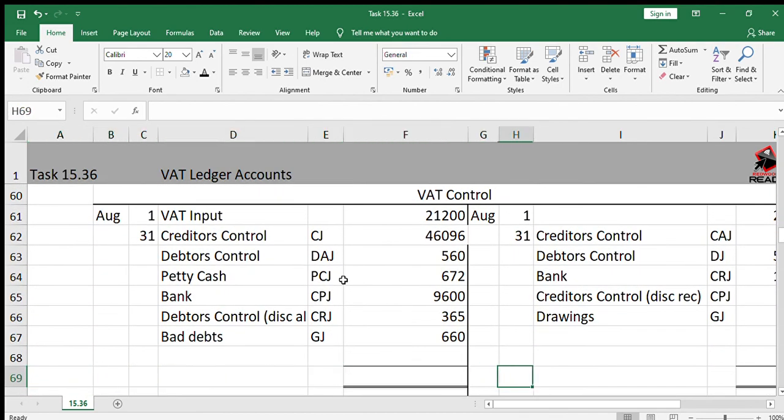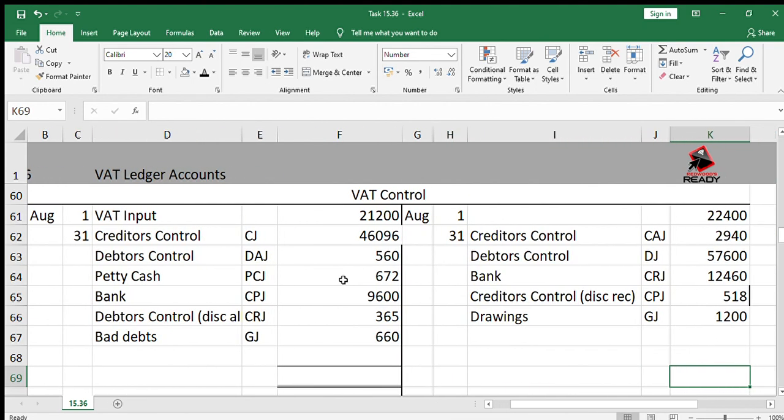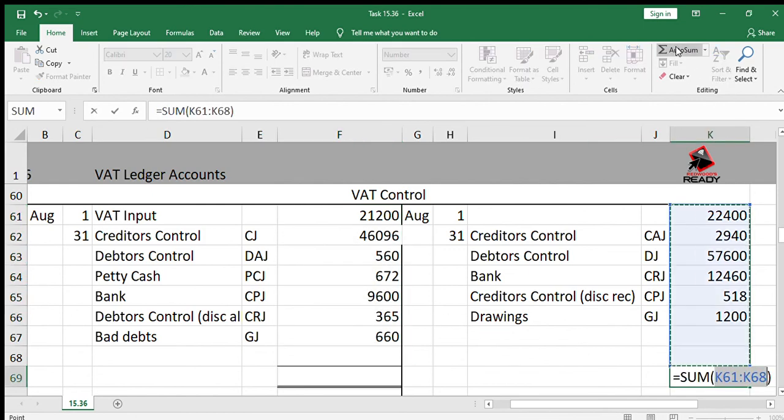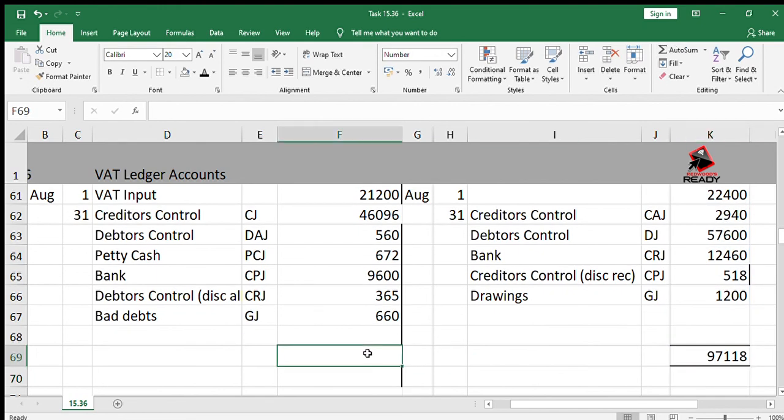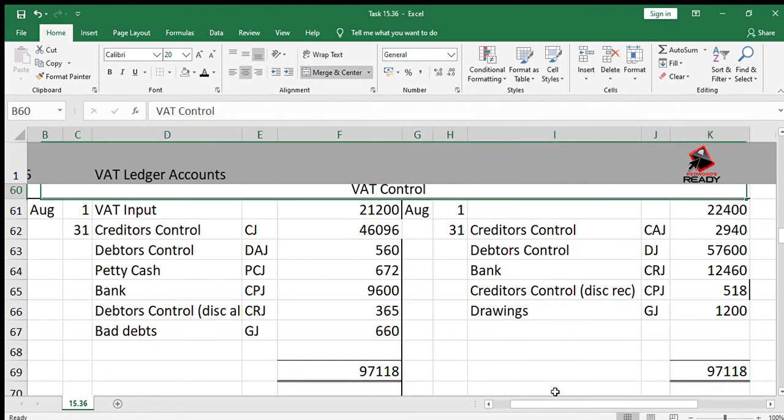Now, if you look at this VAT control account here, we need to determine which side is bigger. So if we look at our totals, this is 97,000 and something. This is 21,200. Sorry, 79,000. So we're going to put the credit side total on both sides because the credit side is bigger. We do know that from the previous part because the VAT output was greater than the VAT input.